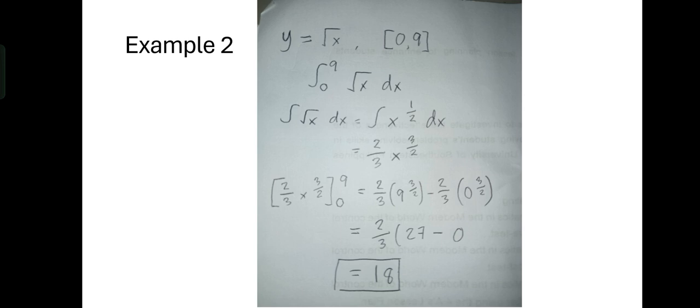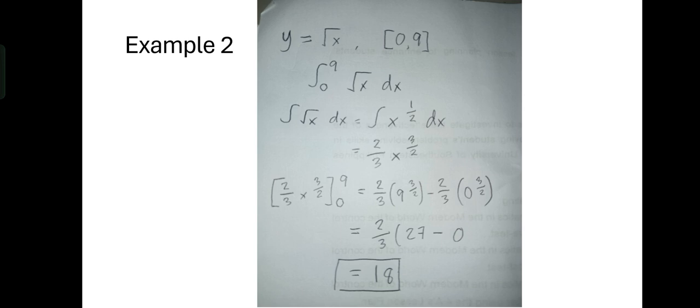Now let's proceed to the next step, which is applying the power rule of integration. After integrating, the integral of x raised to 1 half with respect to x, we have here 2 over 3 x raised to 3 over 2.